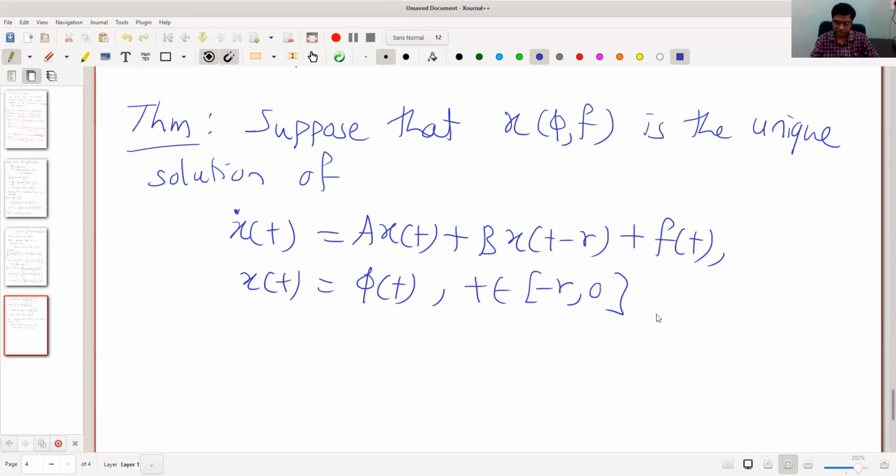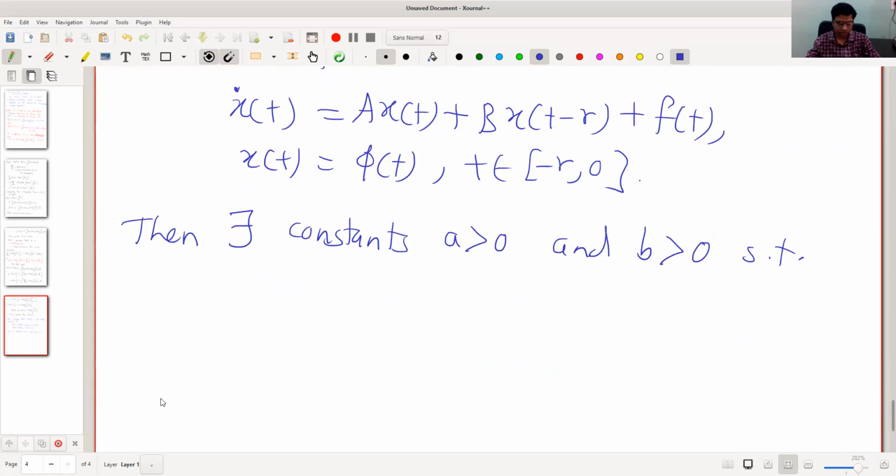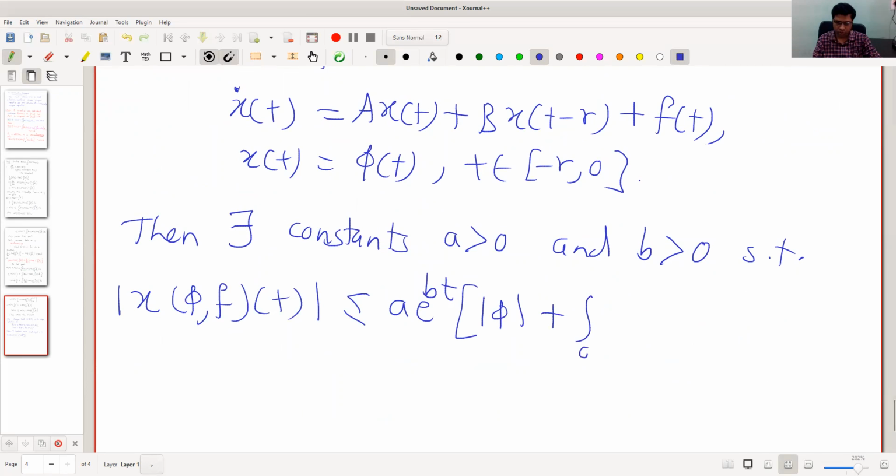So what this result says, then, there exist constants a greater than 0 and b greater than 0 such that mod of x of phi f of t is less equal a e raised to bt into norm phi plus integral from 0 to t mod f of s ds.